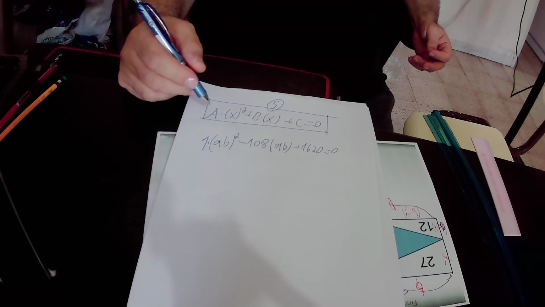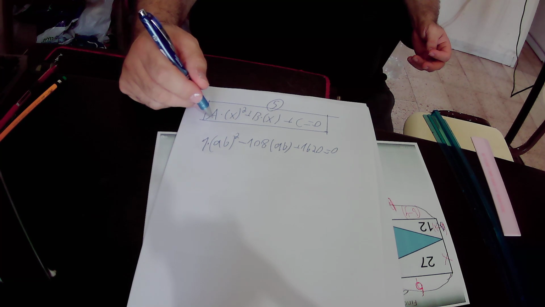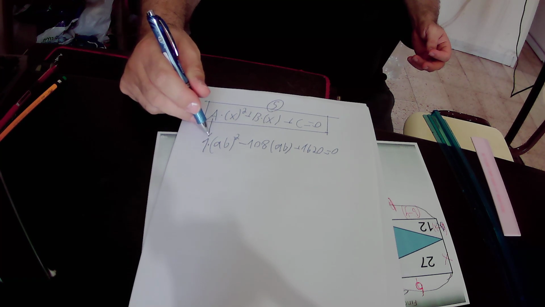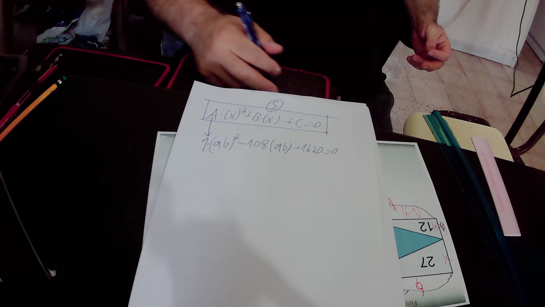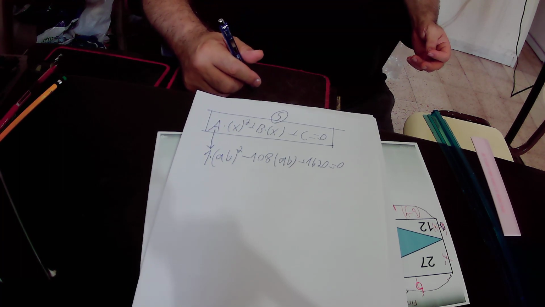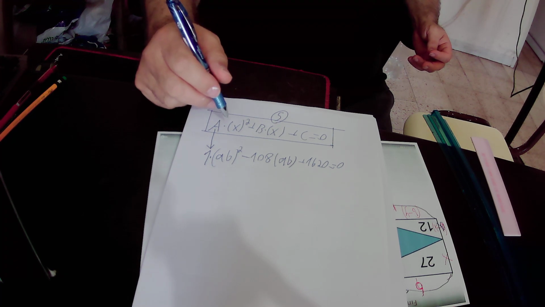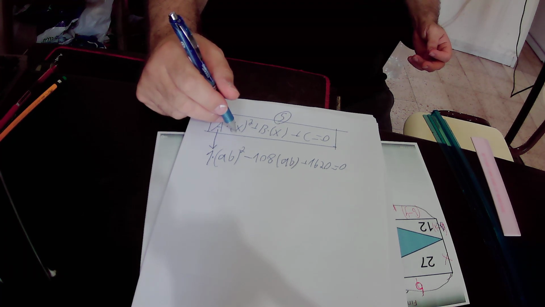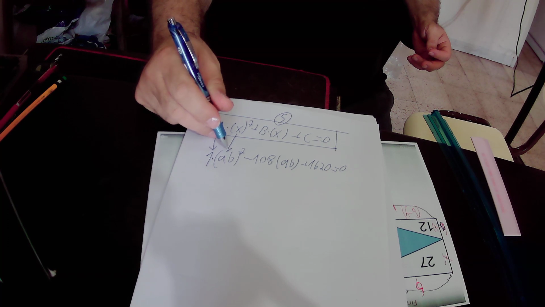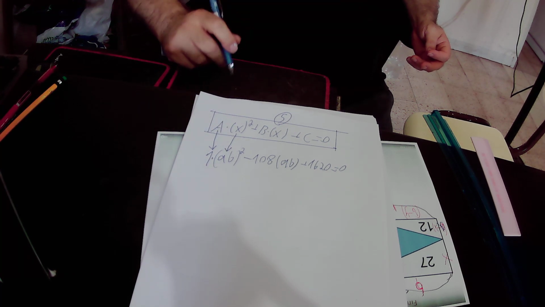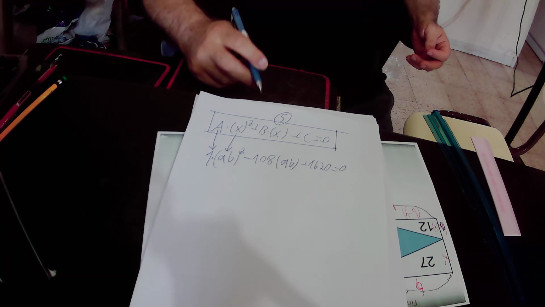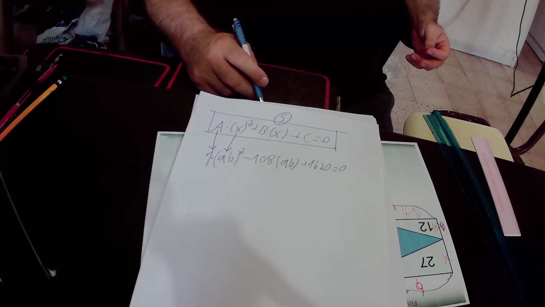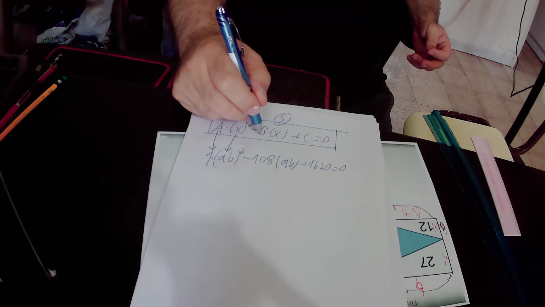As you can see here, a equals 1, x equals A times B, and the coefficient b equals negative 108.